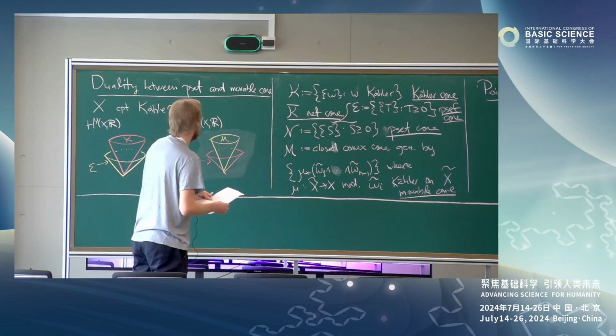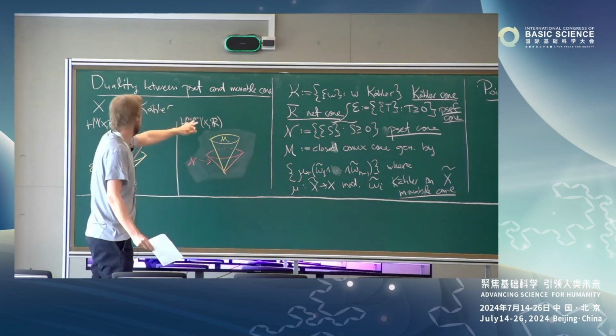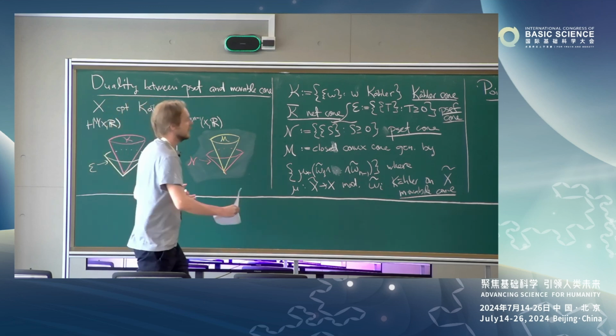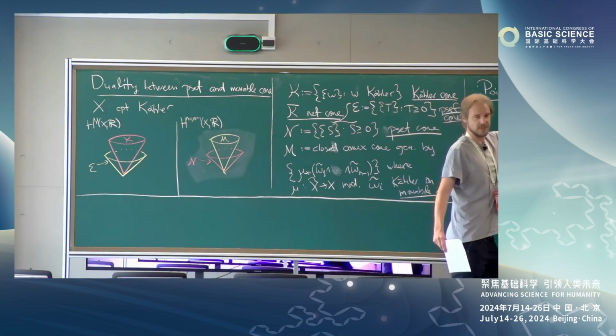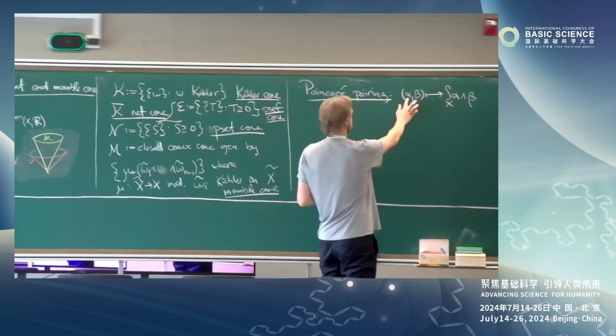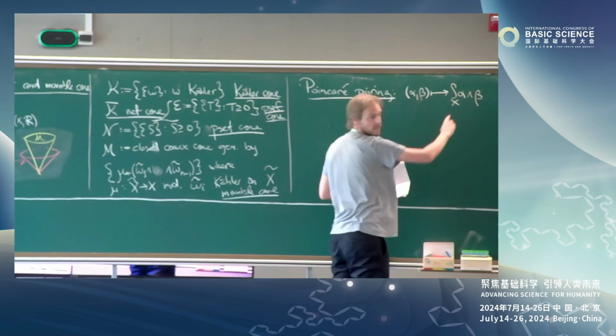Okay, and now these two vector spaces are dual to each other by the Poincaré pairing. If you have two classes, just take some smooth representatives and you can integrate.